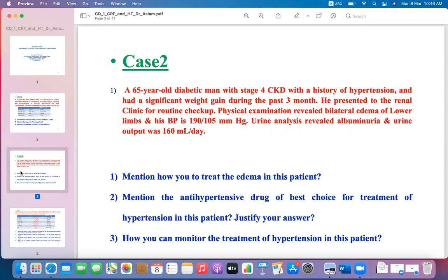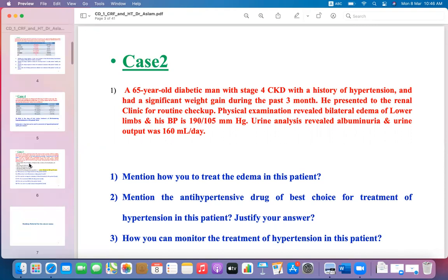So here we have to treat two conditions in this chronic kidney disease patient. The first one is edema and the second one is hypertension.